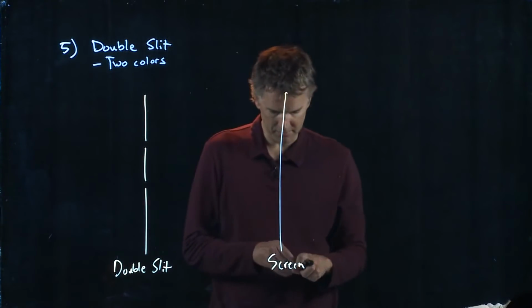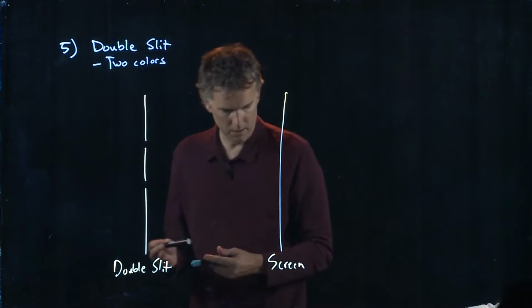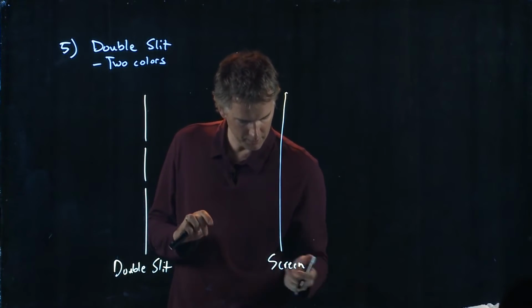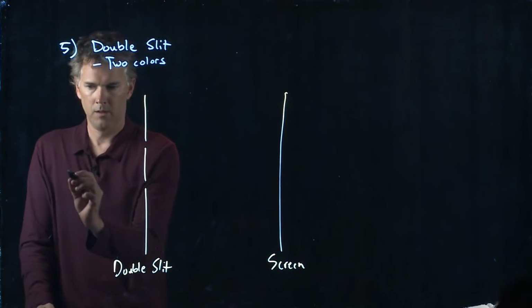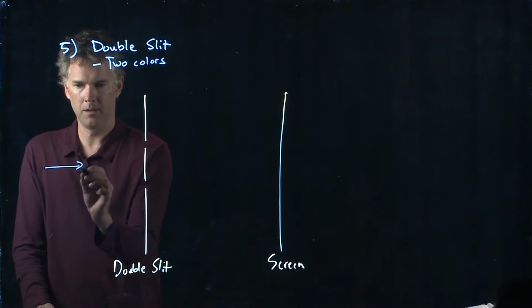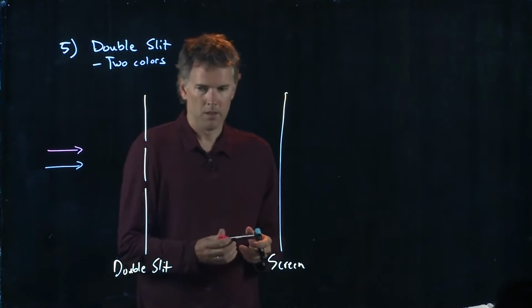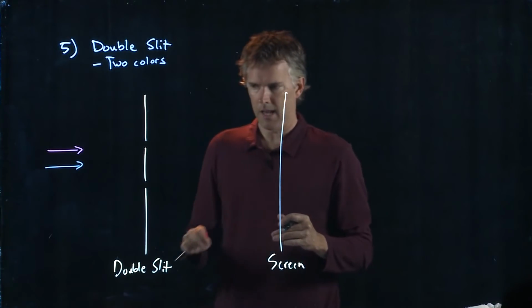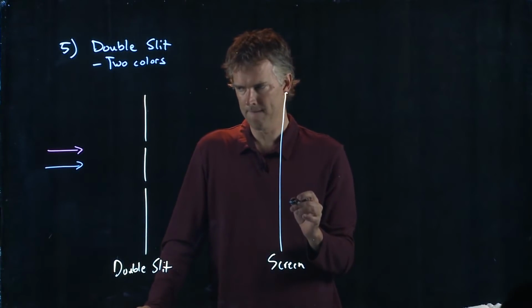And now we're going to send in 2 different colors. And we're going to pick red and blue, even though those colors are red and near infrared. So blue light coming in, red light coming in. Those are both plane waves. They illuminate both slits. And there is going to be a diffraction pattern over here.